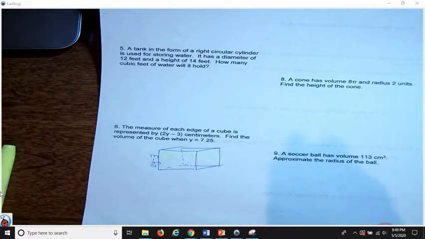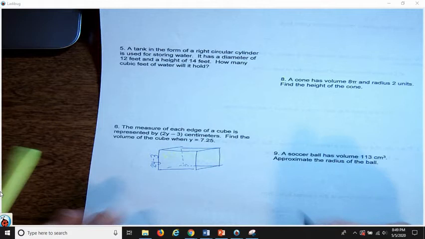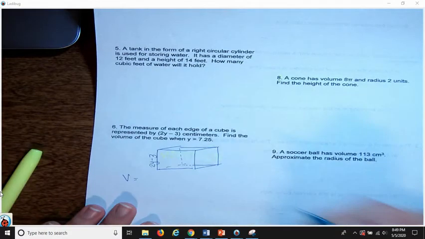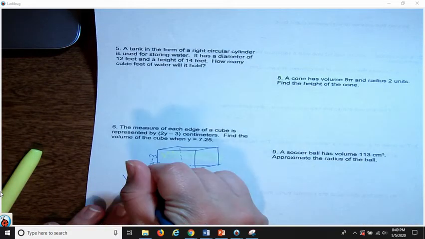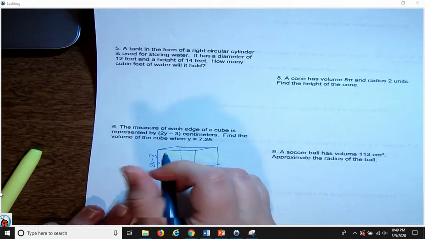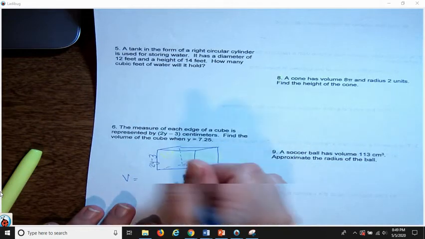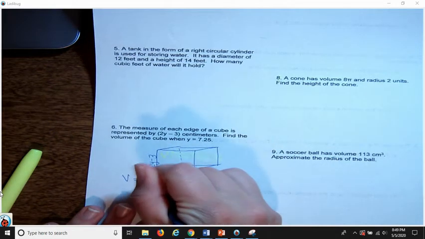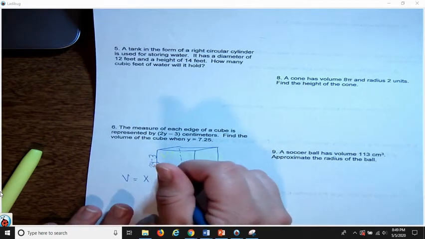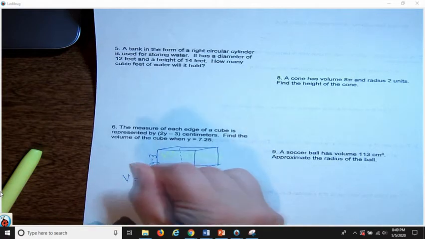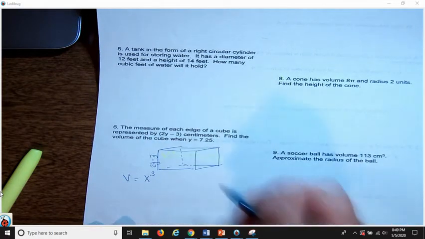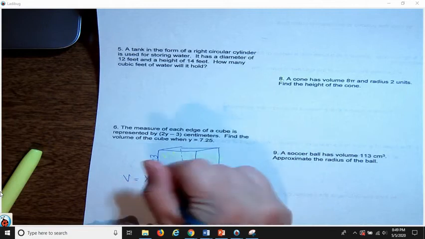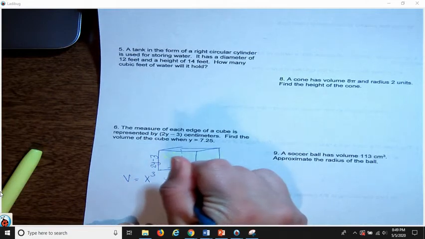Okay, so remember that volume of a cube is specifically each side cubed. So if x is the side of the cube, then it would be x cubed. But for a general rectangular prism, remember that it's length times width times height.